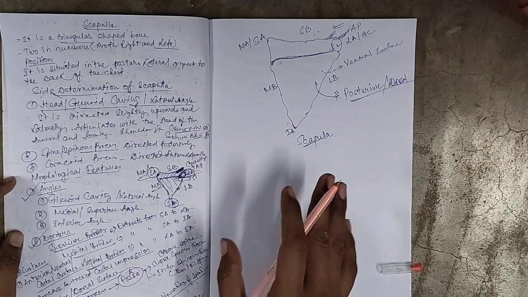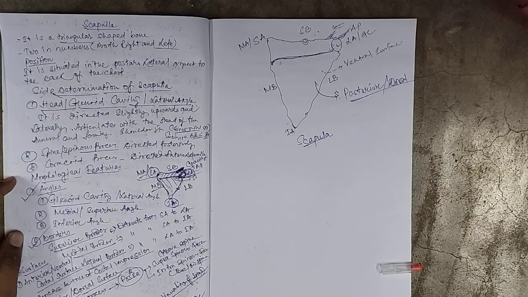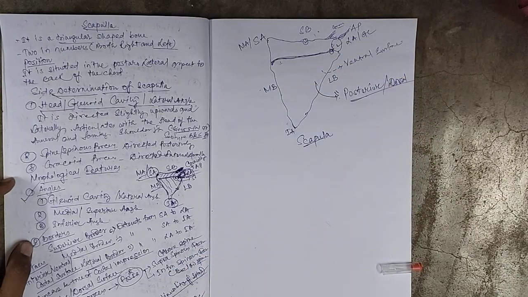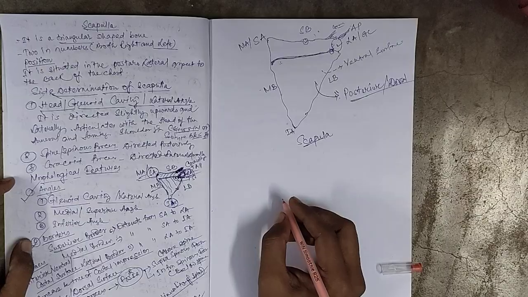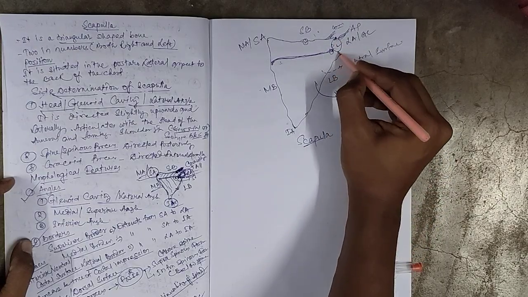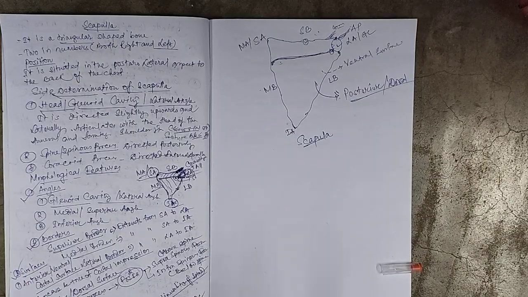And there are some notches. Here you can see the suprascapular notch, and here you will see the spinoglenoid notch. Then there are tubercles also, like here is the supraglenoid tubercle and here is the infraglenoid tubercle. So these are all the structures.